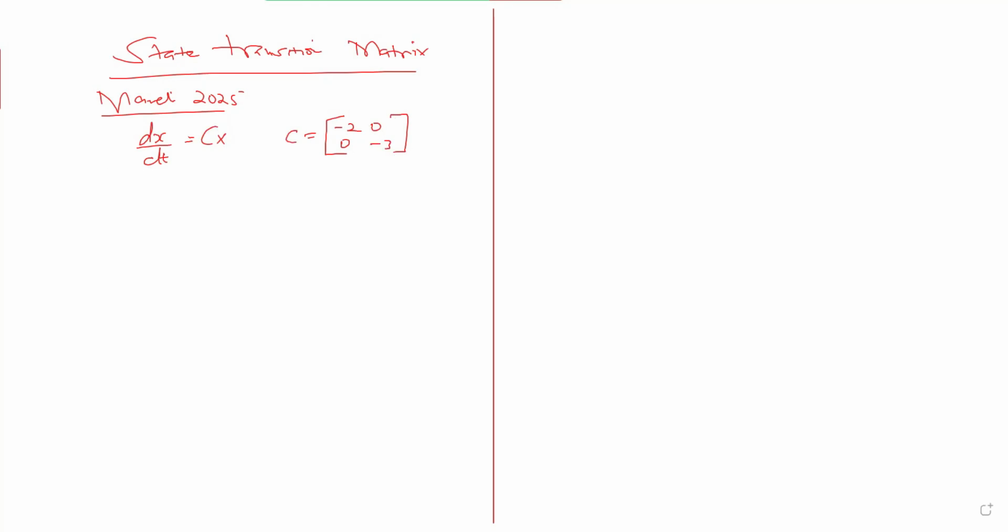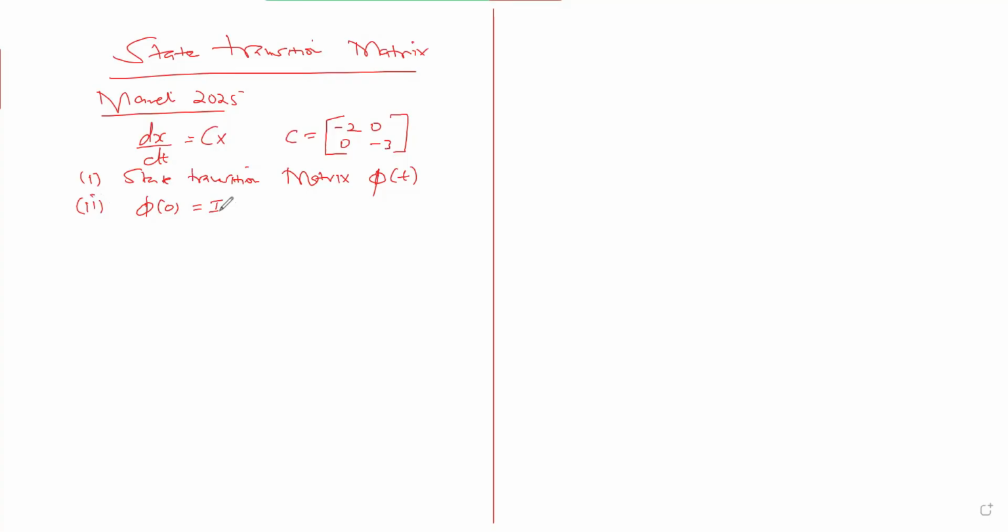So ya kwanza, the first question is determine the state transition matrix. So unapatiana by row T. Then 2, you determine, are you sure that when you replace kwa value ya T ukiweka 0, the value gives you the identity matrix.